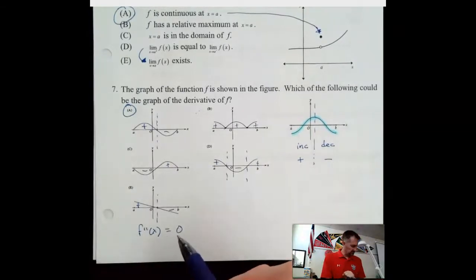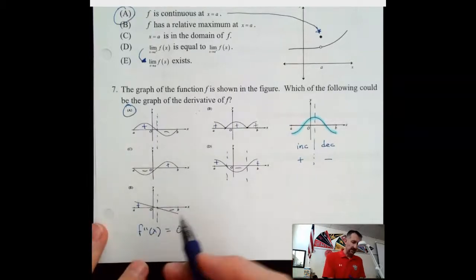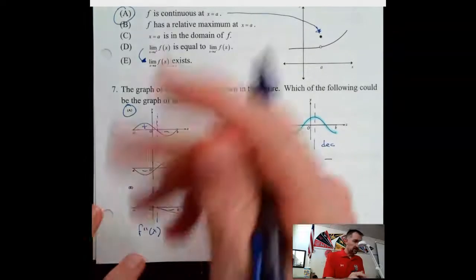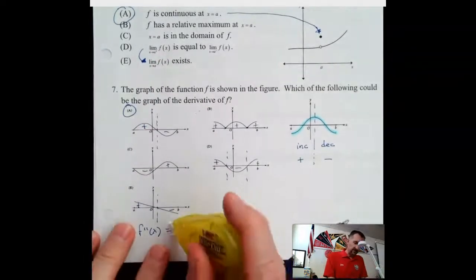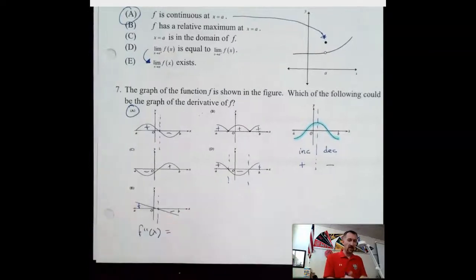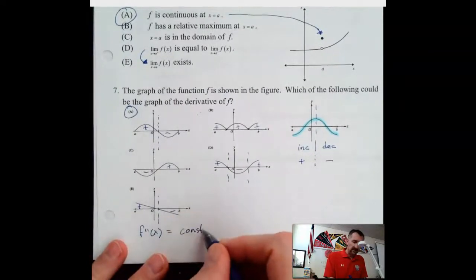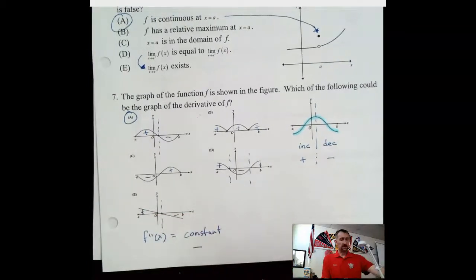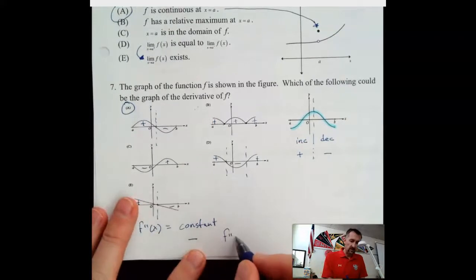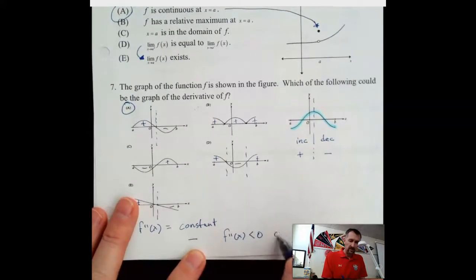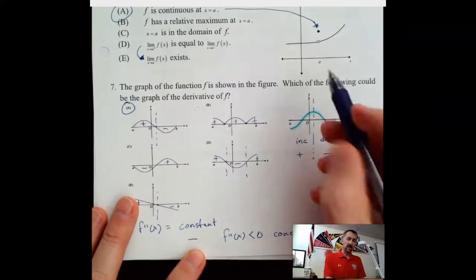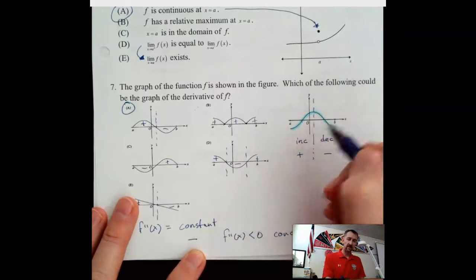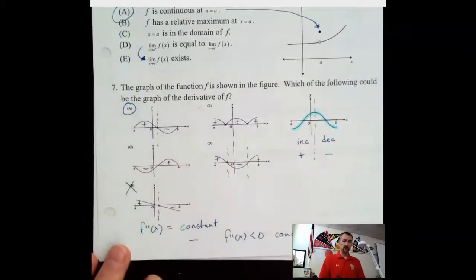So actually, I didn't write that right. It's not that the second derivative equals 0. The second derivative equals a constant. And in this example, the constant, the slope of that, would be negative. So since f double prime is less than 0, it should be concave down the whole way. And this is only concave down from here to here. So that can't be right either.